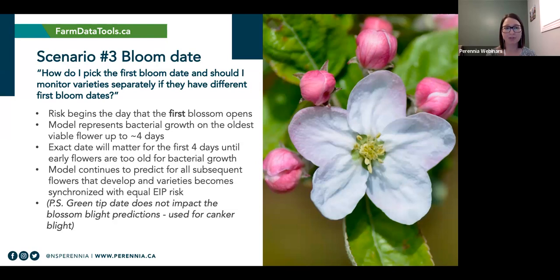It's just using that green tip date for canker blight predictions. So if you're not concerned about canker blight predictions, you're only concerned about blossom blight, then you don't have to be 100% accurate with your green tip date, but you do still need to enter one.